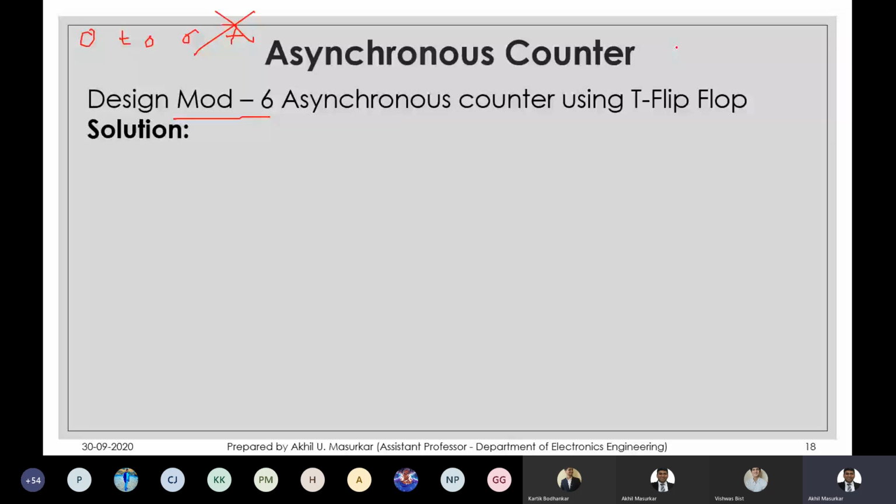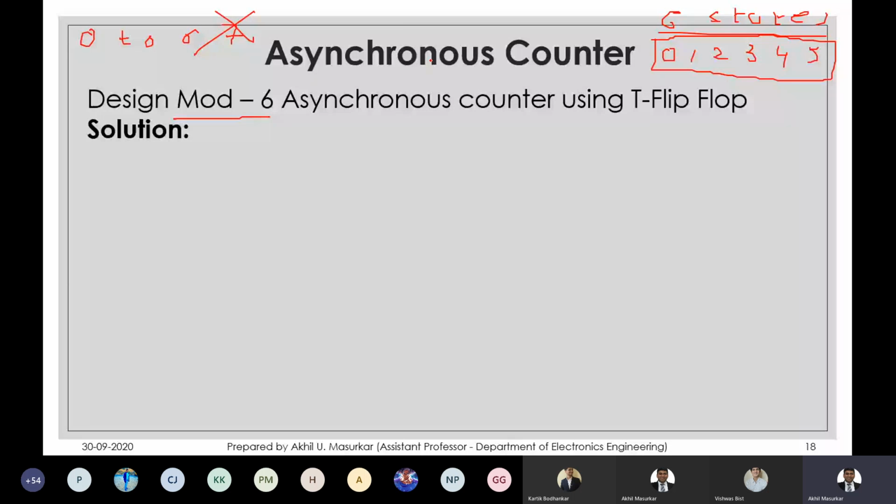Mod 6 means it counts 6 states. 6 states means 0, 1, 2, 3, 4, and 5. So the 6 states are this: 0, 1, 2, 3, 4, and 5. Yes, you are right. That is going to be 0 to 5.